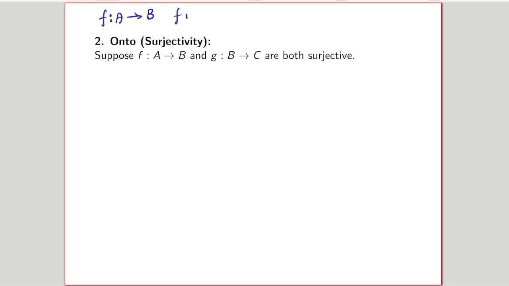Next, we have to show the onto map or surjectivity. Onto means if I have a function f from A to B and this function f is onto, then for every element in the codomain, I must have a pre-image in the domain.